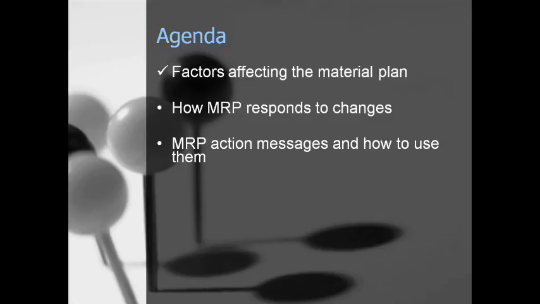Now, let's look at how MRP responds to these changes. All the while these changes are going on, MRP and our files are just sucking in all this information from inventory, from scheduling, from the shop, from vendors, from customers, from engineering.